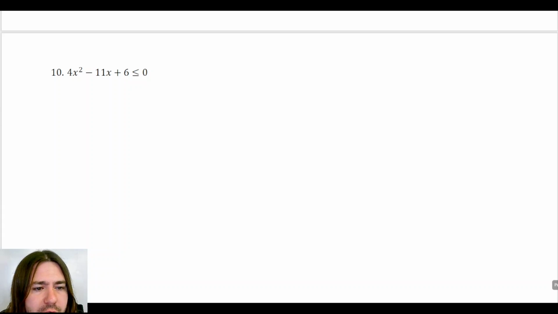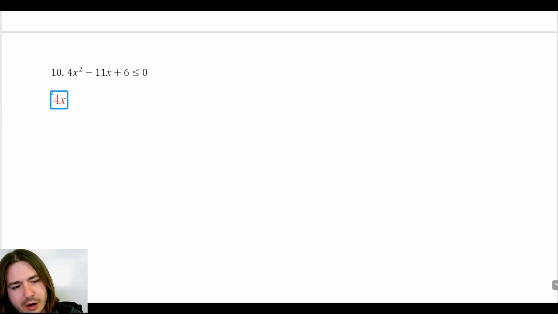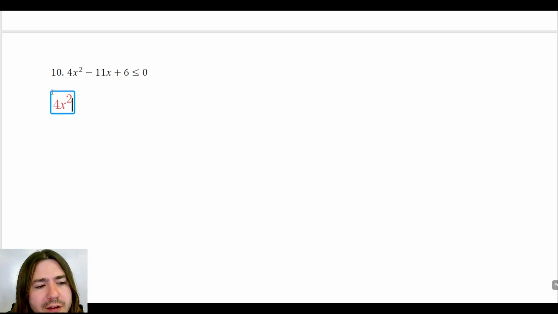So in order to factor by grouping, we need to split up this middle term in such a way that we've got 2 terms that multiply to give me 24x squared, but add up to -11.